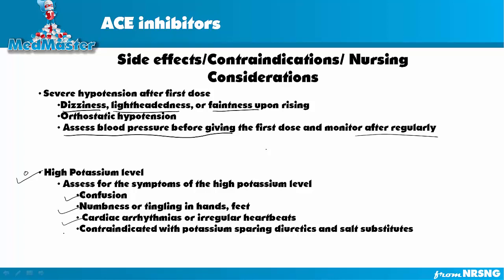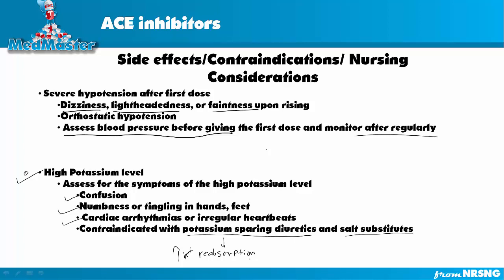And also, since it can cause a high potassium level, it is contraindicated with potassium sparing diuretics and also salt substitutes. The potassium sparing diuretic pretty much increases potassium reabsorption as well. So you don't really want to put a patient on two different medications which both increase the potassium reabsorption and increase the potassium level.